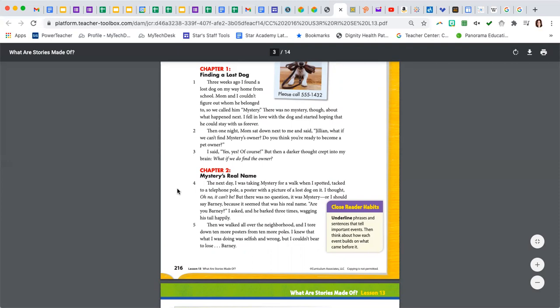Are you Barney? I asked, and he barked 3 times, wagging his tail happily. Then we walked all over the neighborhood, and I tore down 10 more posters from 10 more poles. I knew that what I was doing was selfish and wrong, but I couldn't bear to lose Barney.